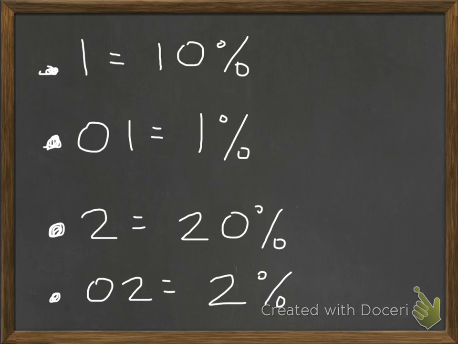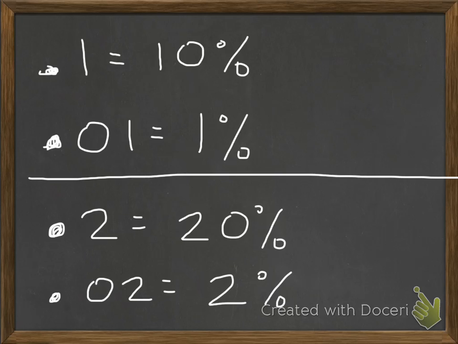Any number that is a point, like 0.1, 0.2, 0.3, it's going to equal, for example, 0.1 is 10%. 0.01 is 1%. 0.2 equals 20%. 0.02 equals 2%.